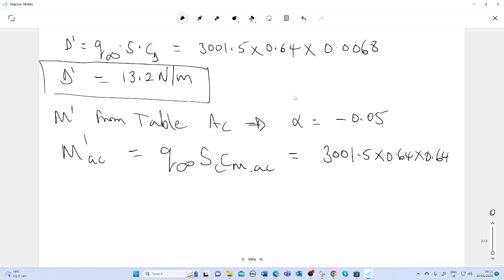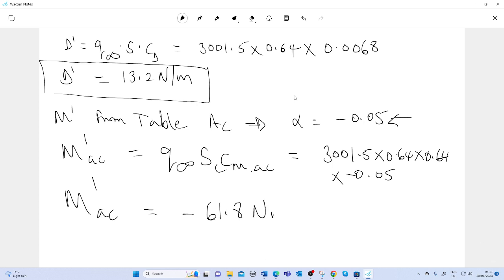That gives us 3001.5 multiplied by 0.64, multiplied by 0.64, multiplied by -0.05, which can be deduced from the table. So the moment per unit span becomes negative 61.8 Newton meter.